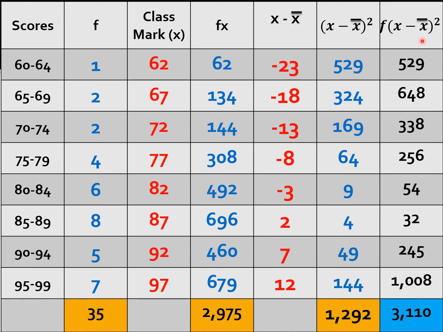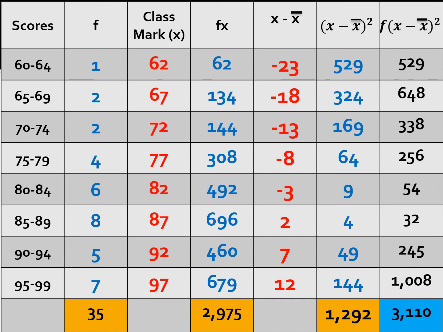And then for the last column, as I said earlier, just multiply the sixth column by the corresponding frequency. So we have 529 multiplied by 1, we have 529. 324 multiplied by 2, we have 648, and so on. Then add all the values and we'll get 3120.